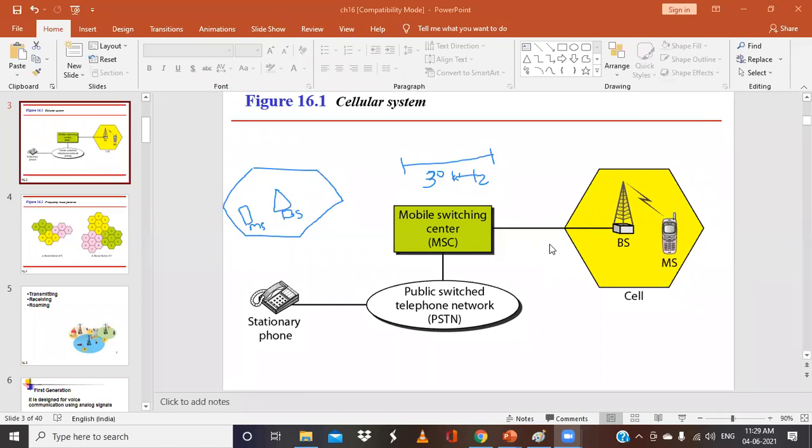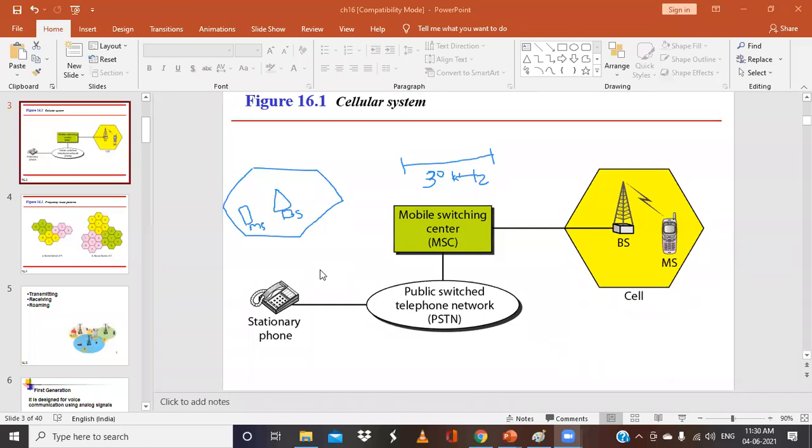Before that, what will happen? The telephone central office sends the number to the MSC, and the MSC searches for the location of the mobile station. Where the mobile station is located has to be tracked first by sending a query signal. It doesn't know whether our mobile phone is located here or here, so it sends a query signal, and this concept we call paging.